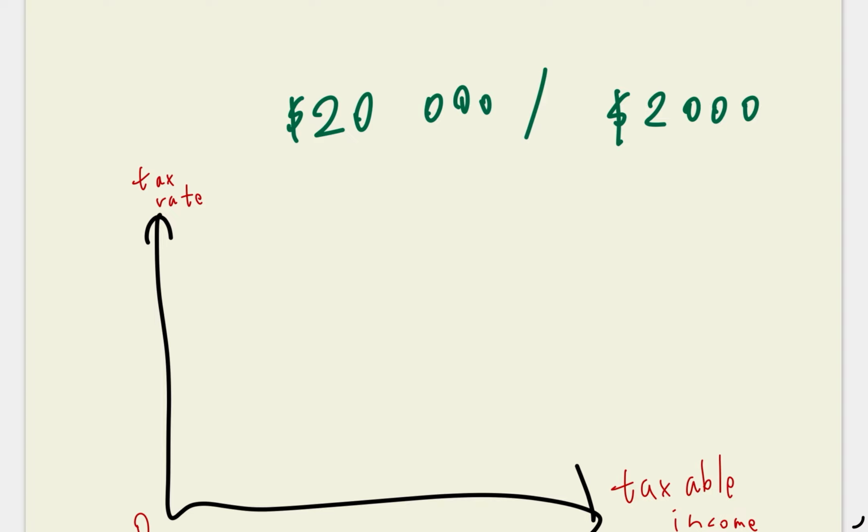Wait a second, everybody. And that's 2,000. Yes, I got to use a calculator. Fine, I know. 10%, and that's $200.